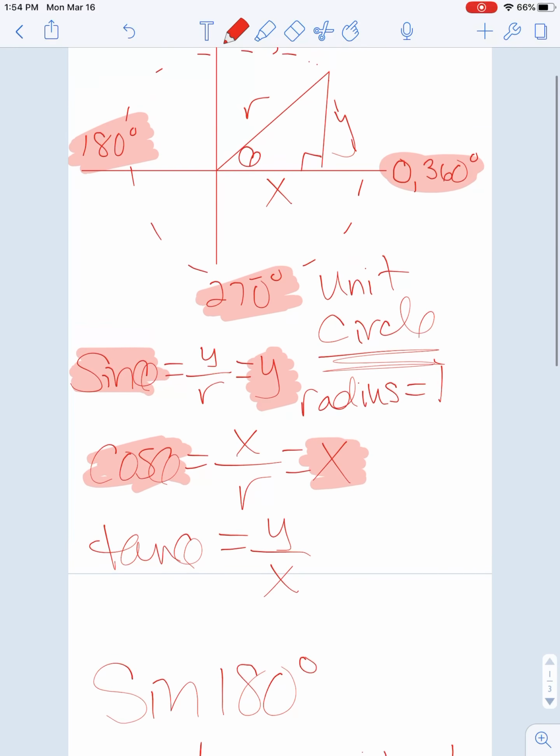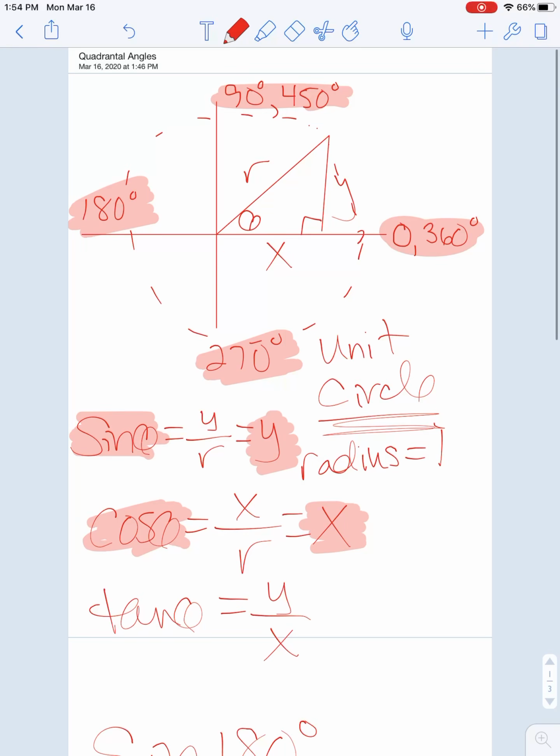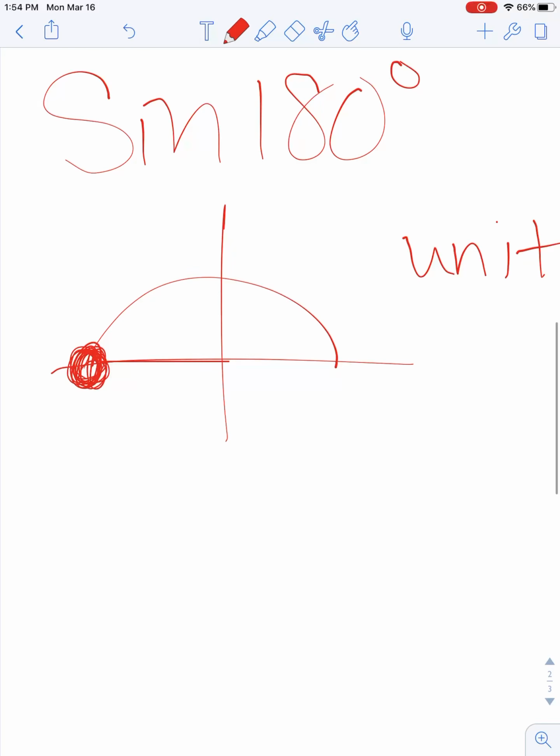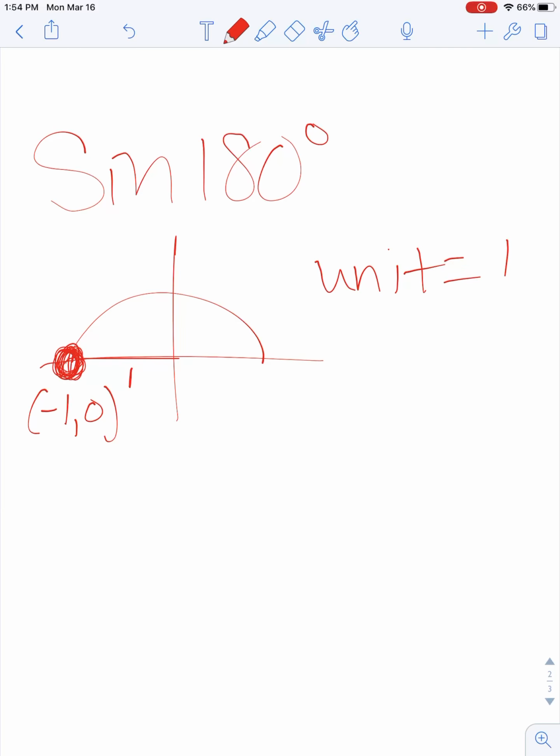So this circle up here has a radius of 1. So all of these ordered pairs, let's think about it. If I'm going a distance of 1, this ordered pair is negative 1, 0. So negative 1 is my x value, 0 is my y value.